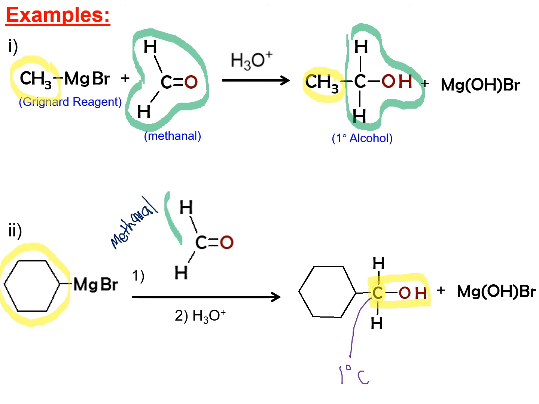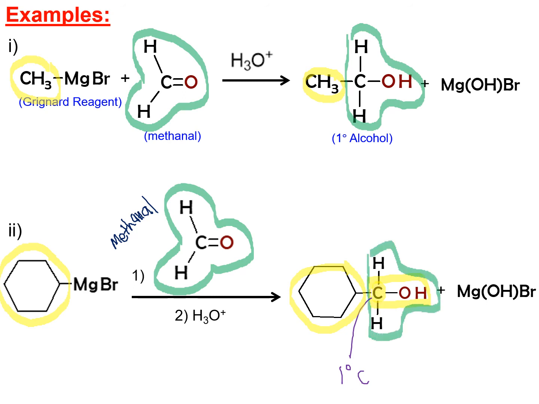Okay, dia akan bercantum dengan hydrolyzed methanol. So this is the product yang you akan dapat, primary alcohol, where this alkyl group you dapat daripada Grignard reagent. CH2OH ni you dapat dari mana? You dapat daripada hydrolyzed methanol.